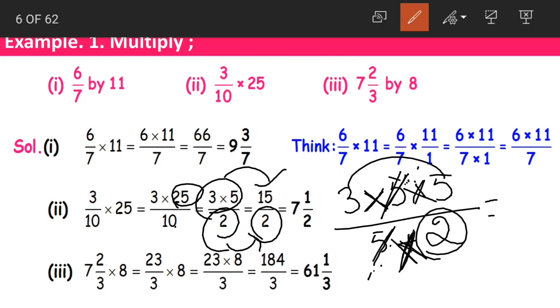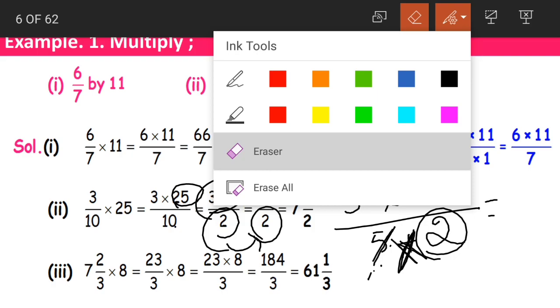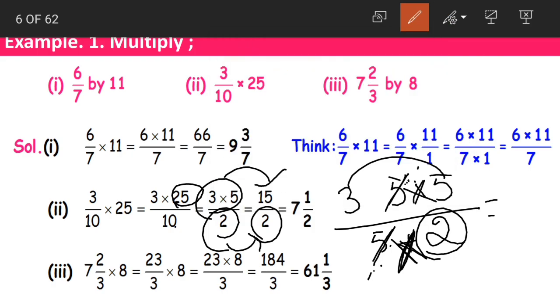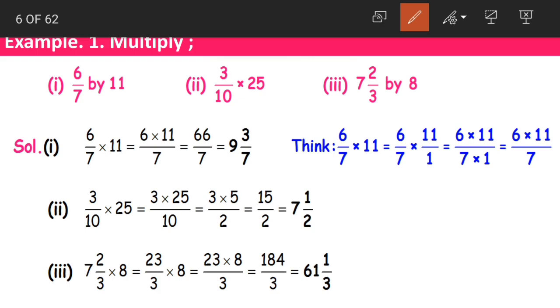I can do this only when the particular number is in multiplication in both numerator and denominator. Again, if it was 3 plus 5 and 5 here also, I cannot cancel. I can cancel the common factors only when they are in multiplication. Keep this point in mind students.